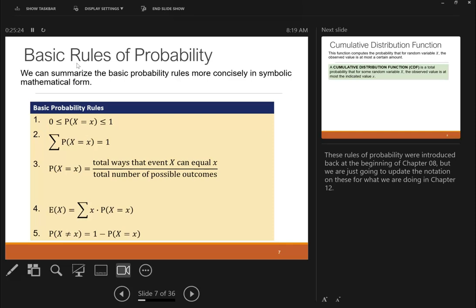So again, the probability of x is equal to x. That's any specific outcome for a random variable needs to be between 0 and 1. The sum of all those probabilities in our probability distribution has to equal 1.